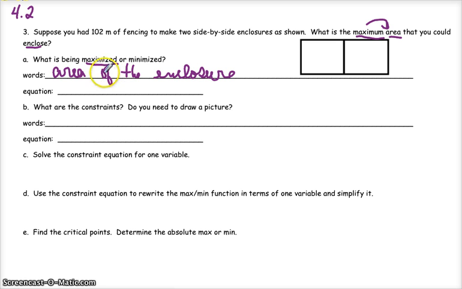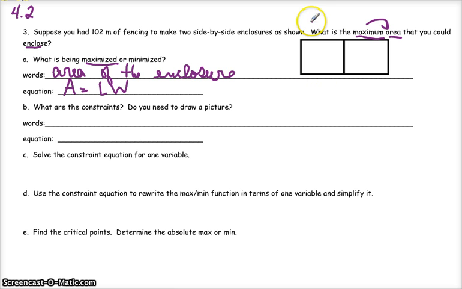Okay. Well, can we come up with an equation for that? Let's think about area. We have area of many different types of shapes. Overall, this enclosure is a giant rectangle. So the equation is area equals length times width. We know how to calculate the area of a rectangle.